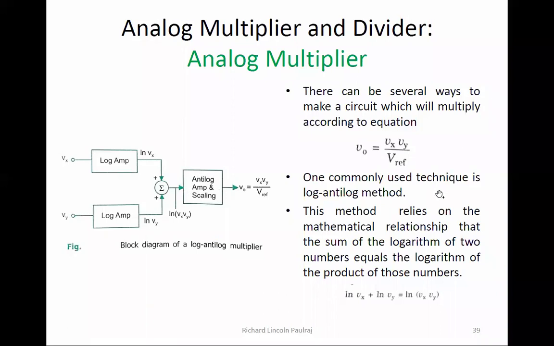Ultimately my output is going to be Vx Vy divided by V reference. There can be several ways to make a circuit which will multiply according to the equation V naught.